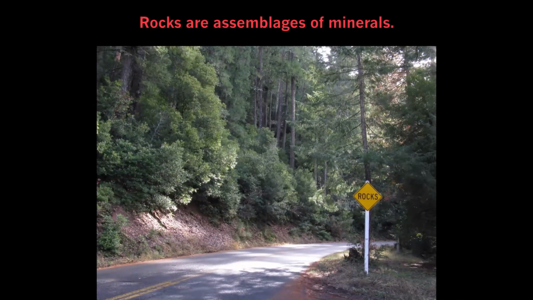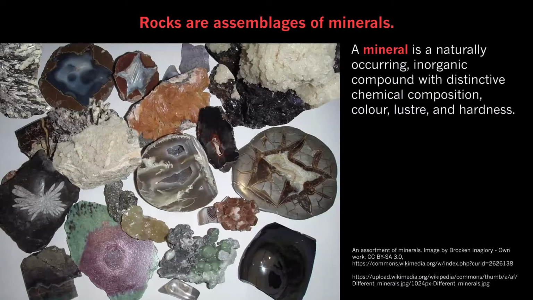Rocks are assemblages of minerals, and a mineral is a naturally occurring inorganic compound with distinctive chemical composition, color, luster, and hardness. You can take an entire course or courses in mineralogy and study these properties that characterize the different minerals and allow you to identify them.